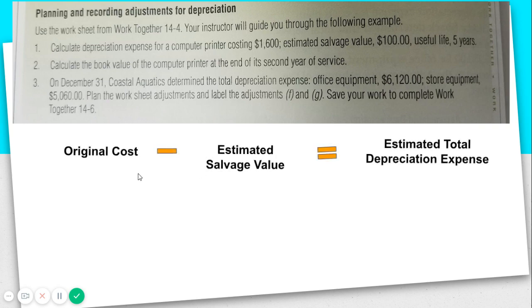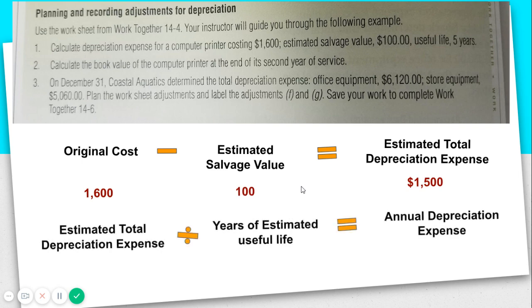So we take our original cost minus the estimated salvage value. So we have 1,600 minus 100, which gives us $1,500 for our estimated total depreciation expense. Next, we divide by the number of years, which is 5. So our annual depreciation expense for each year is $300.